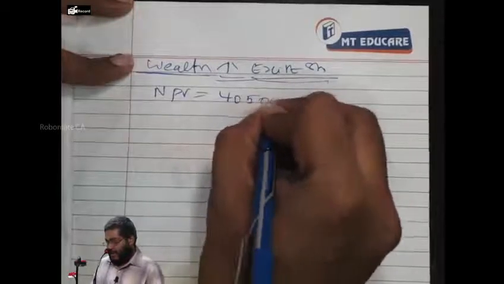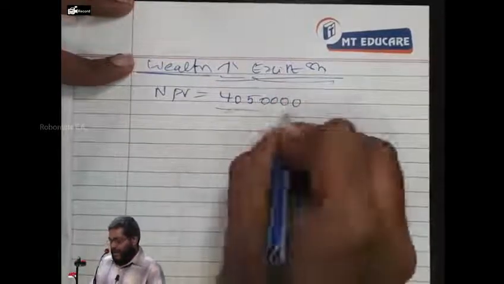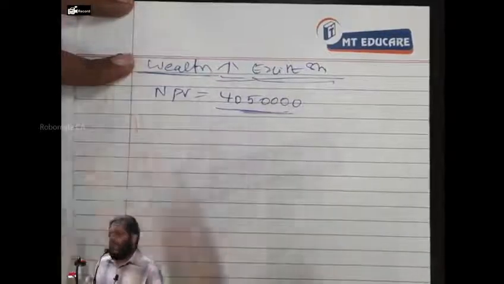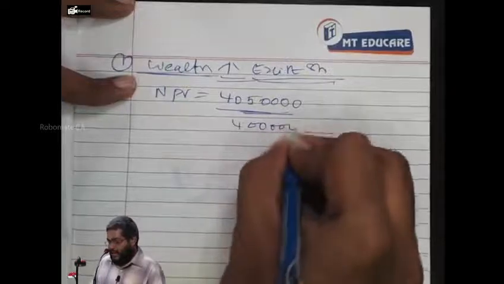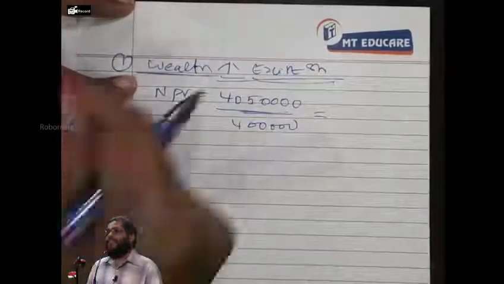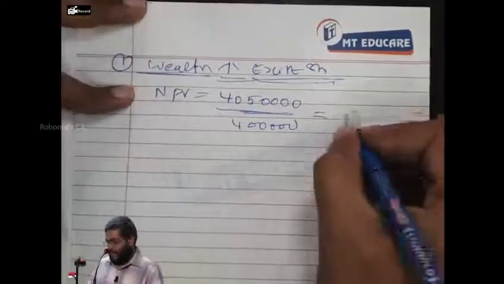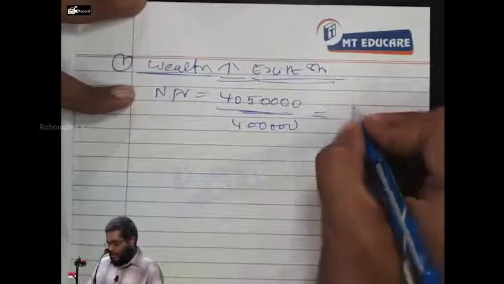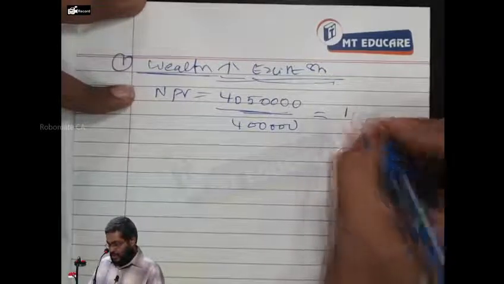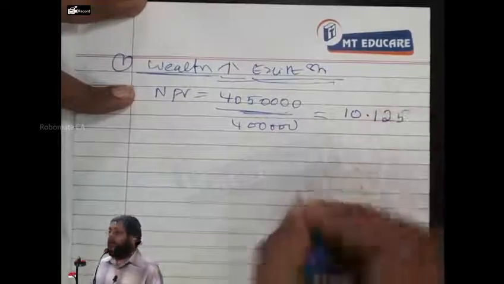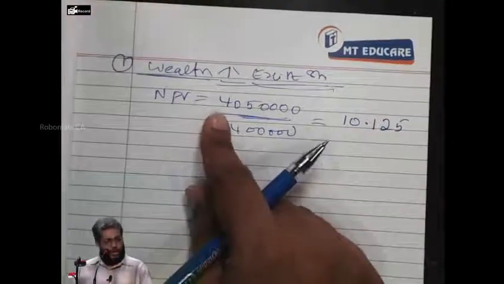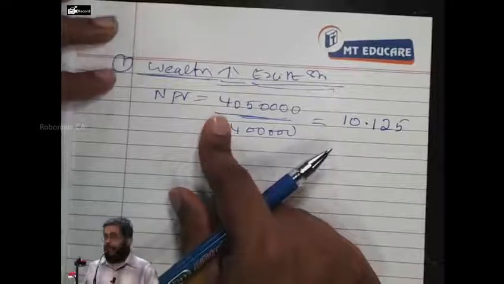40 lakh 50,000. Divided by, let us say, only the old shares. Only by old shares. What is the old shares amount? 4 lakh shares. Tell me, what is the NPV per share? It is 10.125. Every old share is having NPV of 10.125.